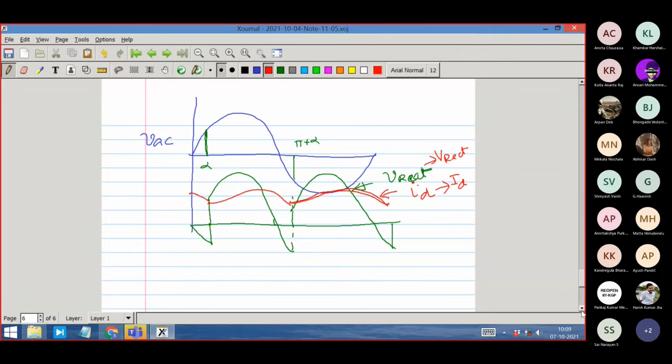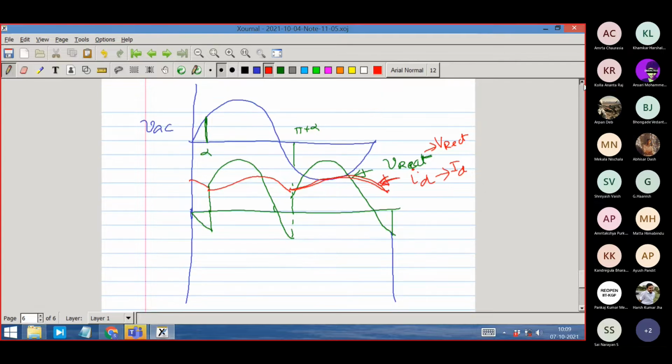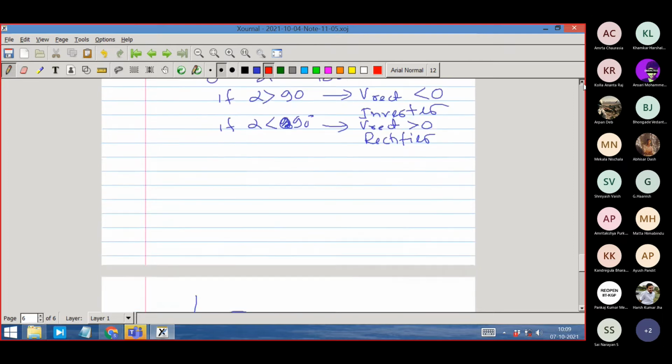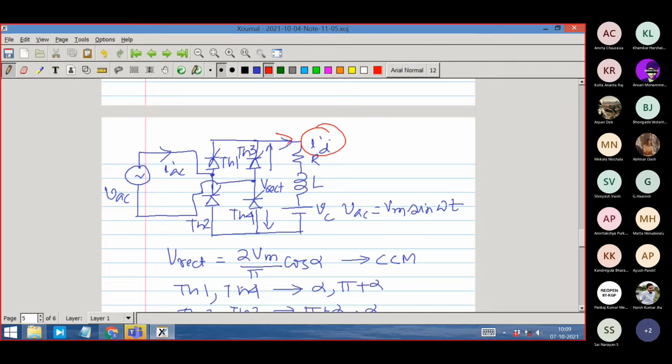Now let us say what is the current at the input side, AC side. Let me extend the scale. Sir, what is the red waveform? Can you repeat again? The red waveform is ID, the DC current, meaning that this current, this is ID.